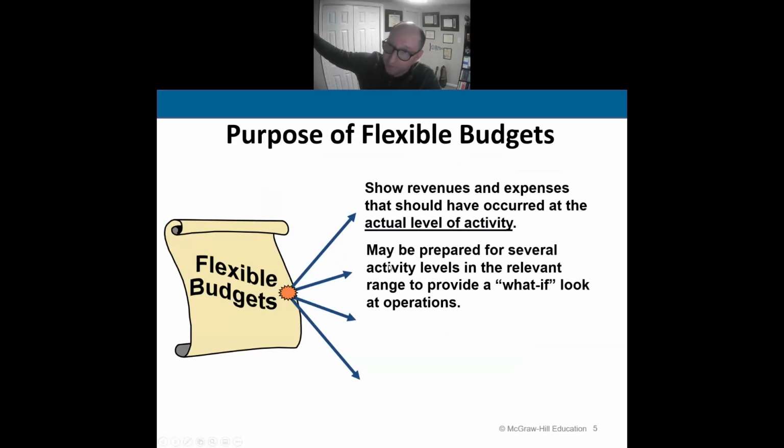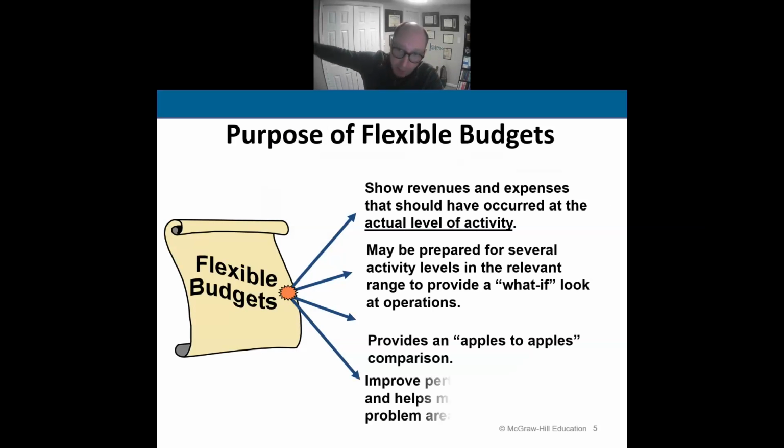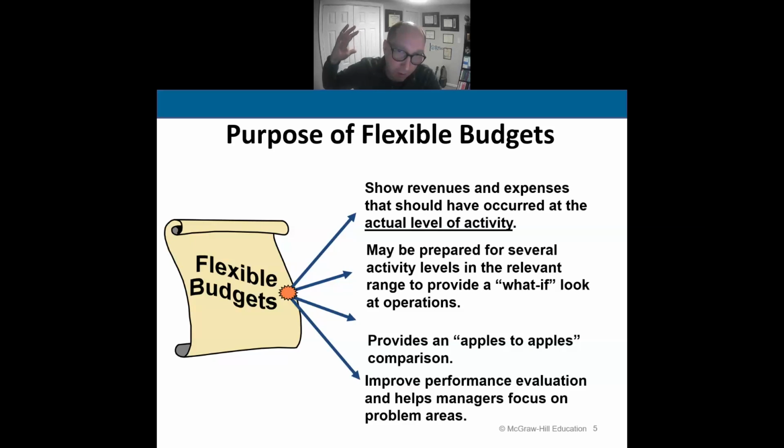So that's the fixed budget. Now let's talk about the flexible version of the budget. I like flexible budgets, and the reason is that it minimizes the possibility of having unfavorable variances.